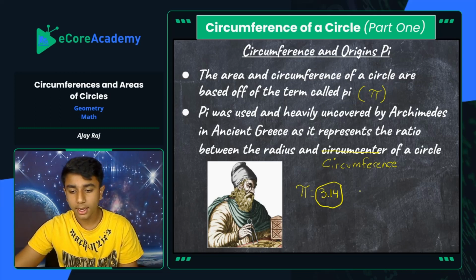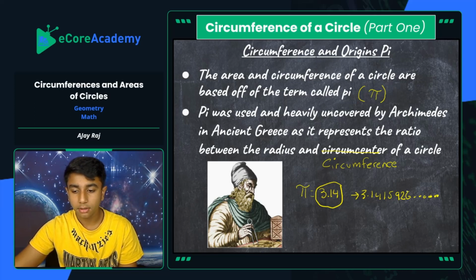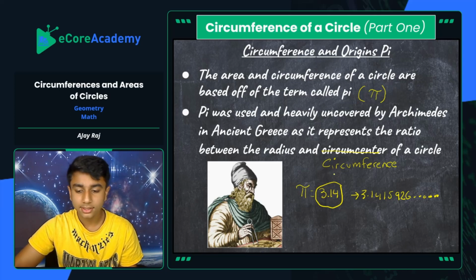But the whole pi actually equals 3.1415926 onwards and onwards. It's an infinite number. It goes on for an infinite amount. And you might be asked to represent a fraction that would represent 3.14, or as close to pi as possible.